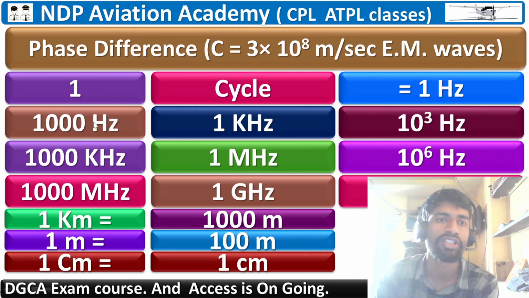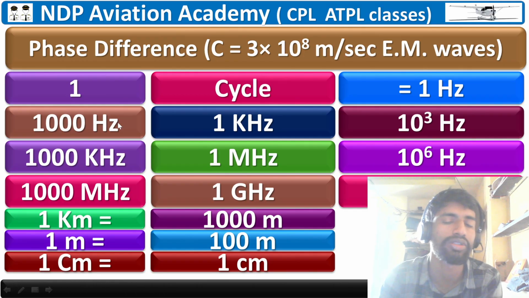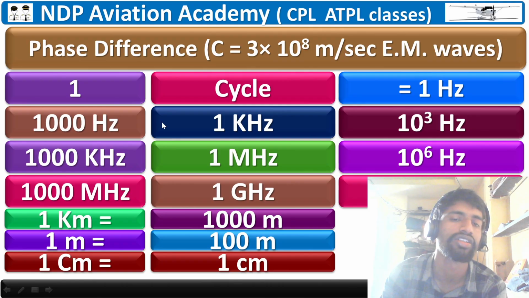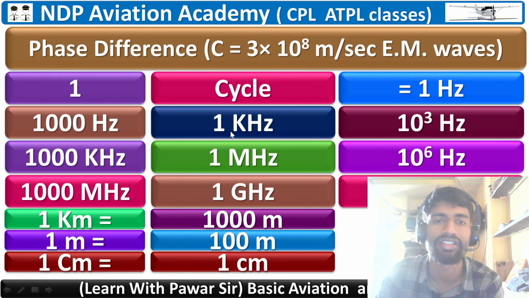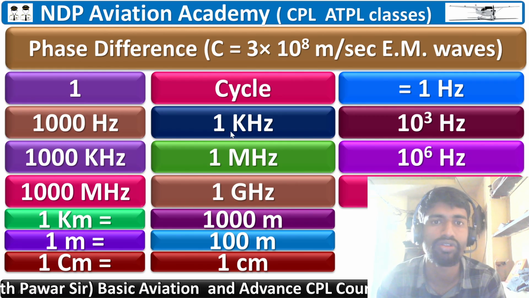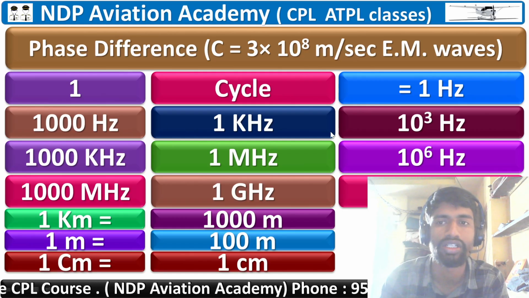Then 1000 hertz. So how many cycles are completed? 1000 hertz, so how would you say it? We say kilohertz. 1000 hertz means kilohertz.